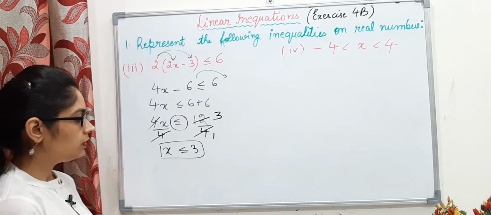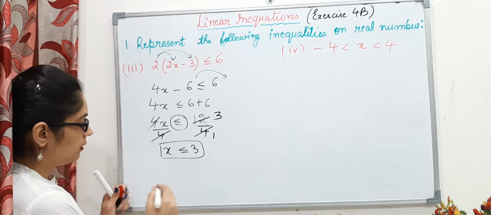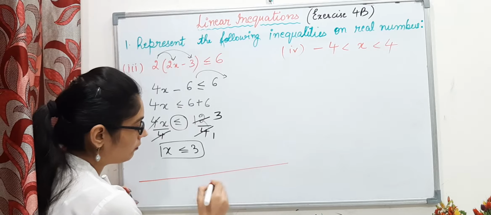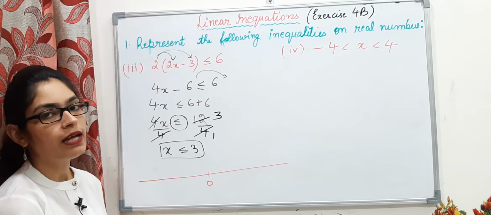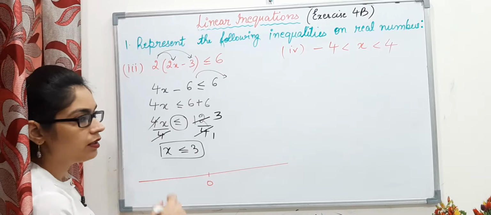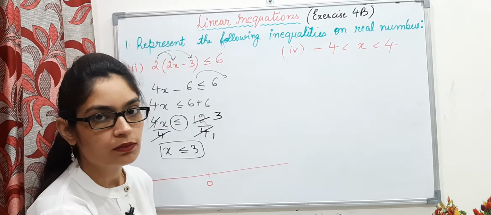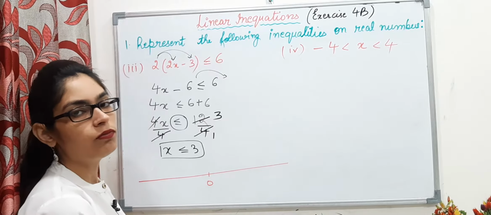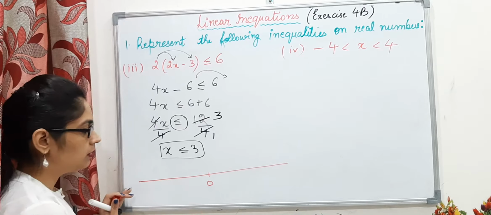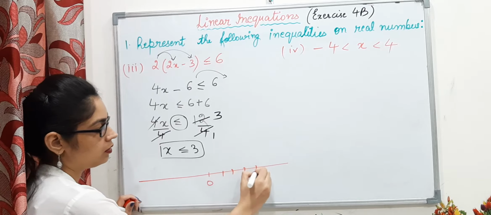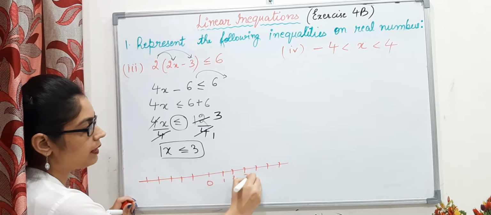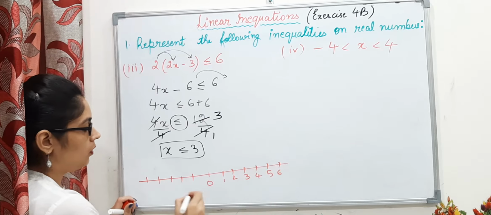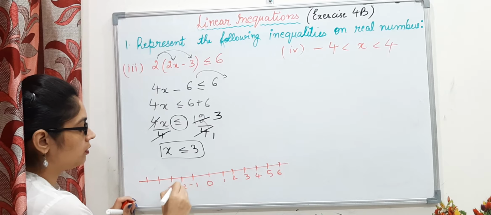X is less than or equal to 3, I have to draw on a number line. So less than, I have told you, less than means negative values and we have to go towards the left side. For positive we have to go towards the right. For negative we have to go towards the left side. So draw the number line the same way, here positive values on the right side, on the left side negative values.